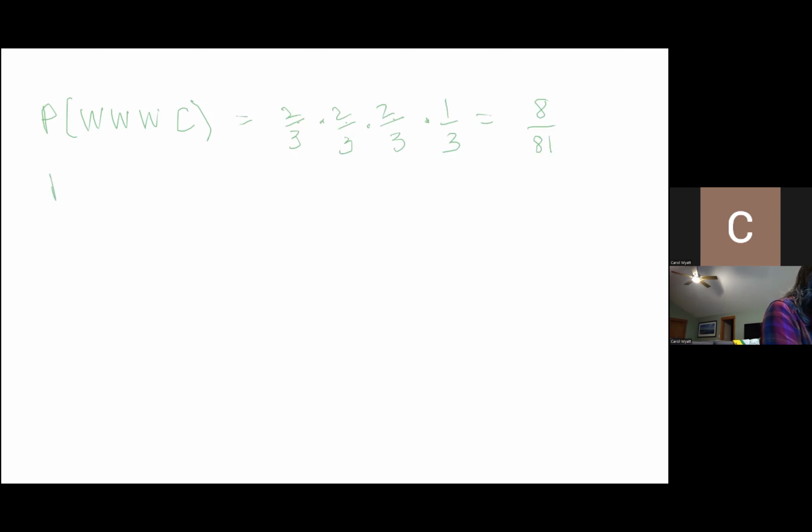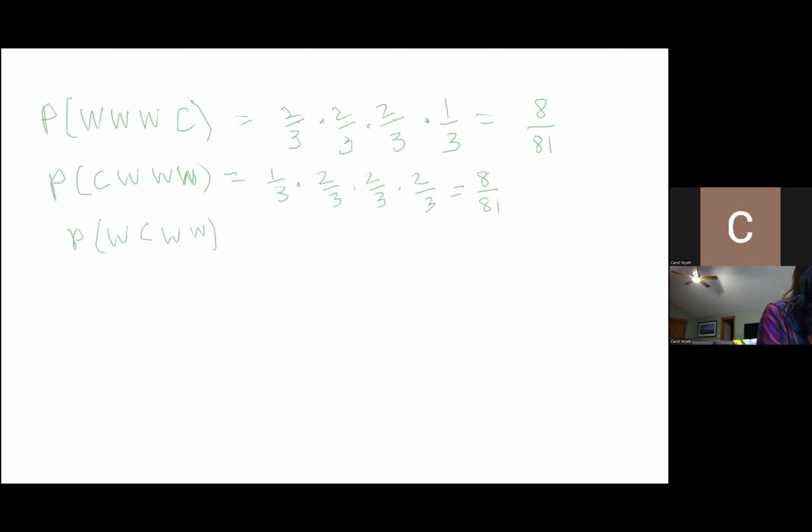Well, I could get the first one right, which would be 1/3 times 2/3 times 2/3 times 2/3. Oh, look at that. Also 8 over 81. I could get the second one right.